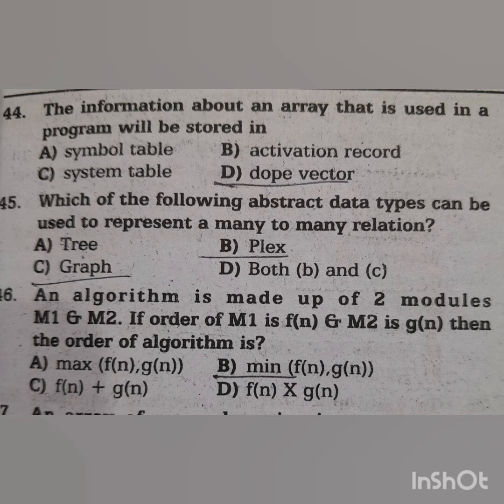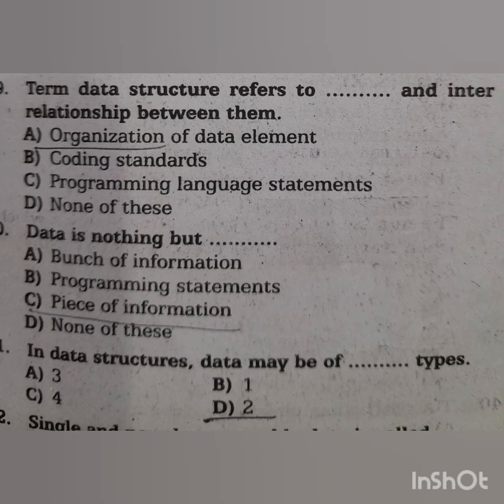An algorithm is made up of two modules m1 and m2 in order to m1 in function fn and m2 in gn. Then the order of the algorithm is minimum of fn and gn. The term data structure refers to organization of data elements and interrelationship between them.